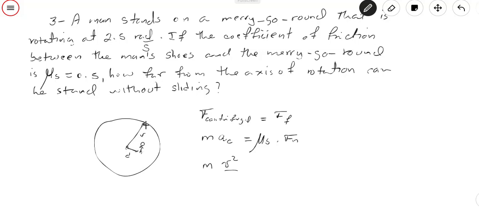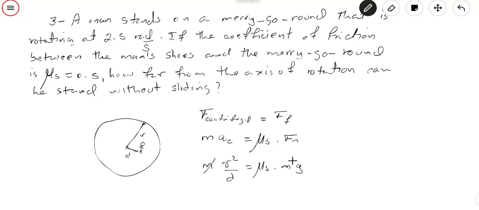I'm going to take d as the variable, because r is the total radius of the merry-go-round, while d is the distance from the person standing on the merry-go-round to the center of rotation. So I'm going to say v squared over d, right? Now this should be equal to mu sub s times the normal force, which is equal to the weight of the person, the product of the mass times the gravity.